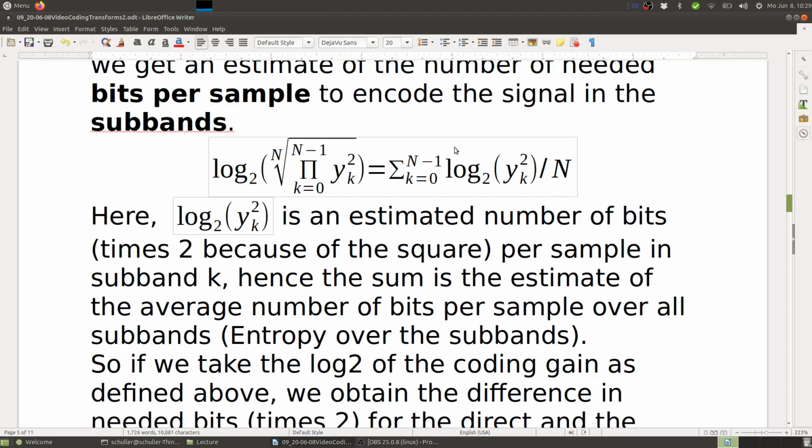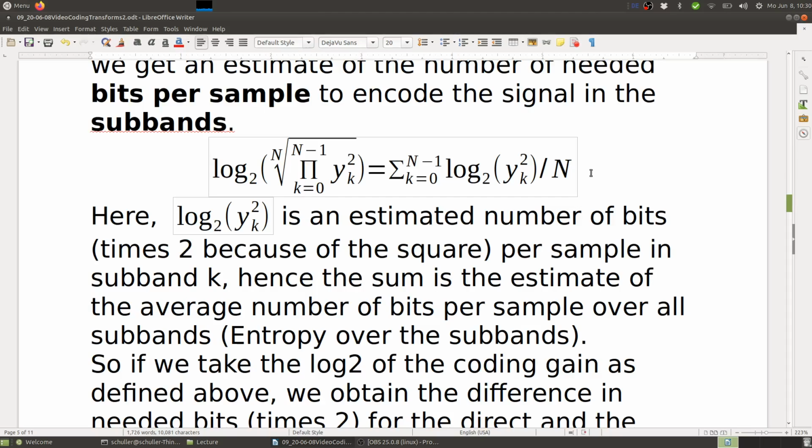And when you look at this term, log base 2 of y_k square, this is an estimated number of bits times 2 because of the square per sample in subband k, and hence the sum is the estimate of the average number of bits per sample over all subbands. So this is the entropy over the subbands. Right? So here now you get an estimate of how many bits you would need for the corresponding subband coder if you have n subbands. So now we have two estimations.